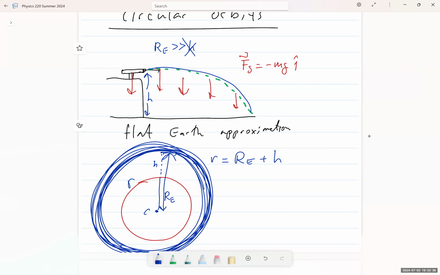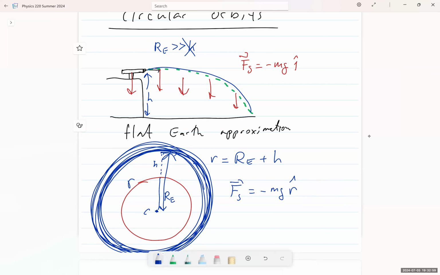In this case, the gravitational force is equal to negative mg, but the direction is not j hat anymore. It's radial. So we use r hat instead of i hat, j hat, k hat.